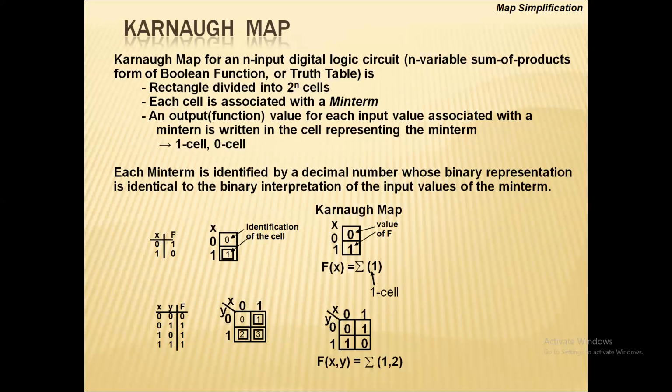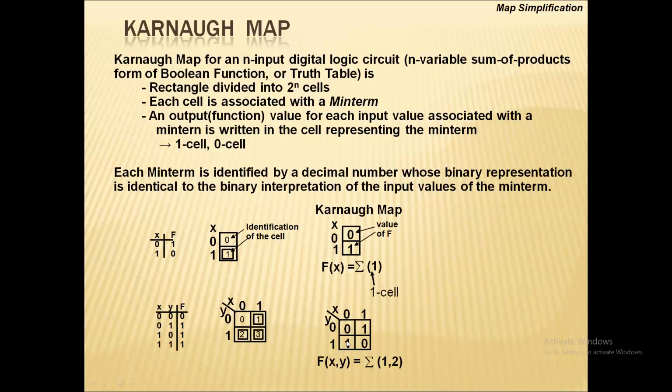We put the valid outputs for the corresponding min terms as 1. You can see here, if this is xy, then for the 1 0 combination my output is high or valid, so it has to be 1. For the 1 1 combination my output is valid too.